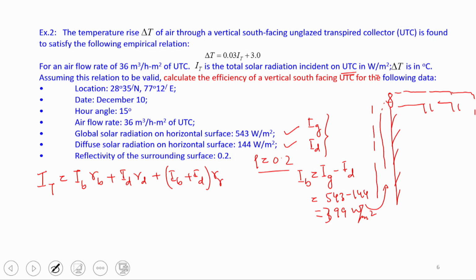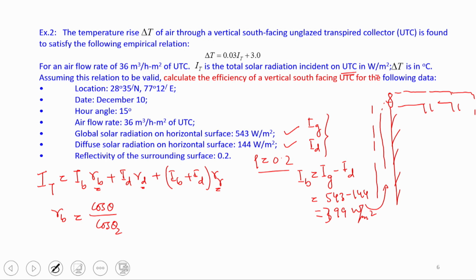So what is RB, what is RD, what is RR, these also need to be expressed. Okay. So what is RR? It is the tilt factor, right. So this RB is cos theta by cos of theta z. Okay.